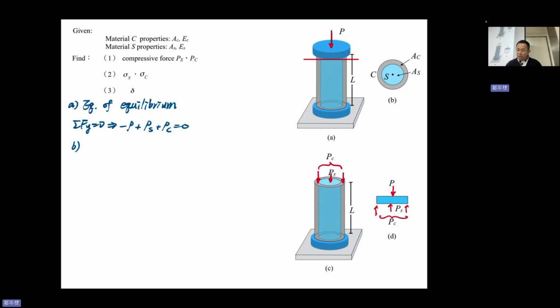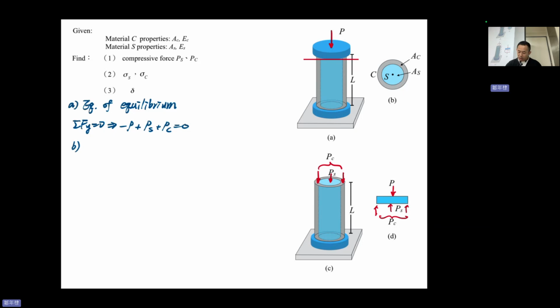And then if we really want to know whether the material is under compression or tension, we can see the opposite part. If this is up, it must be down on the opposite side. All right.